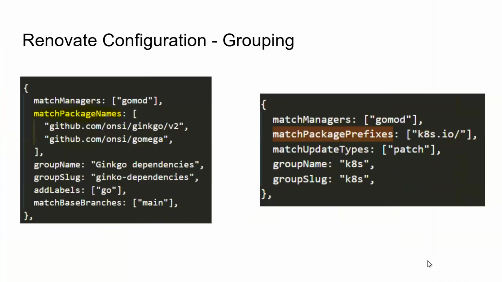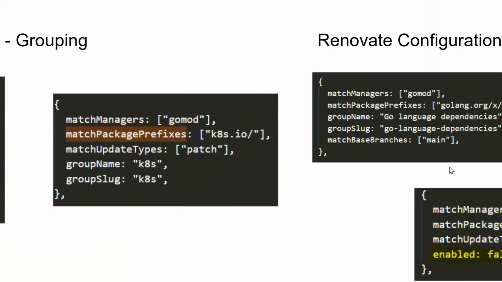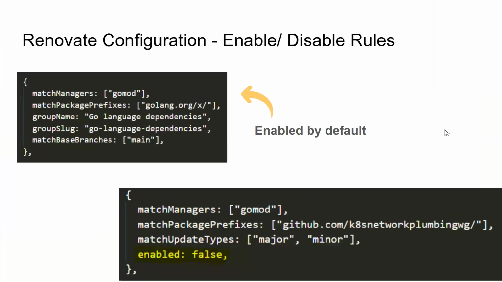As for grouping, Renovate can support two types. You can match the package names or the prefixes, and you can also specify the group name and the group slug for changing the branch names, and it can be handled easily. It's worth noting that package rules are enabled by default, so you don't need to add an enabled true line inside the package rules.